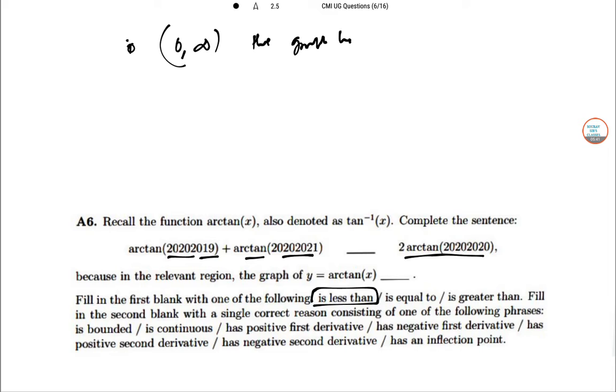The graph has, is less than. In the second blank, with the correct reason consisting of the phrases: negative second order derivative, which ensures that the chord stays below the graph.